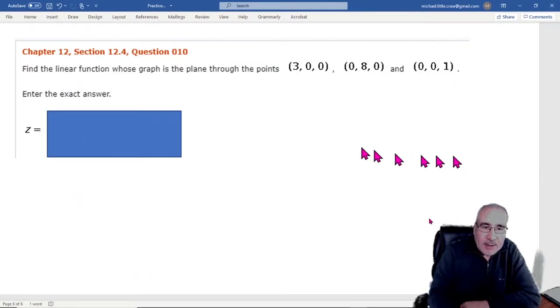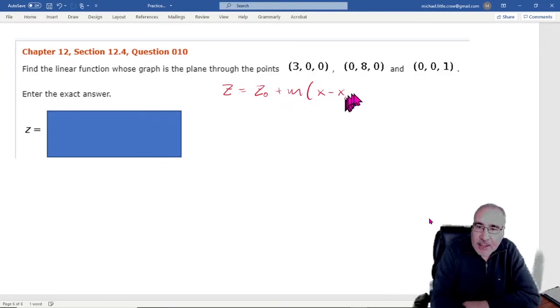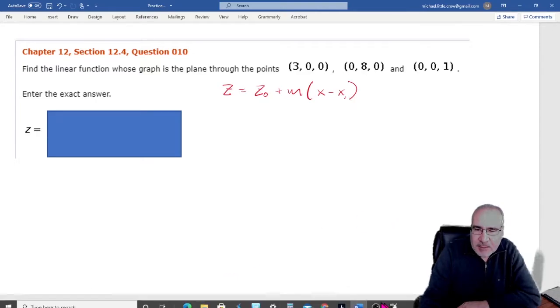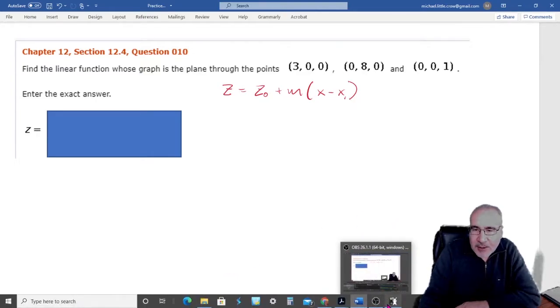So z equals z naught plus m times x minus x naught, where x naught, which we're going to call x1, is whatever point we choose.